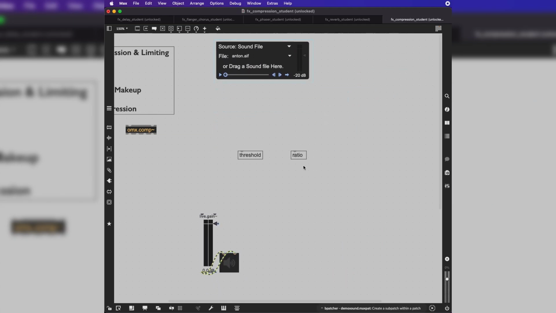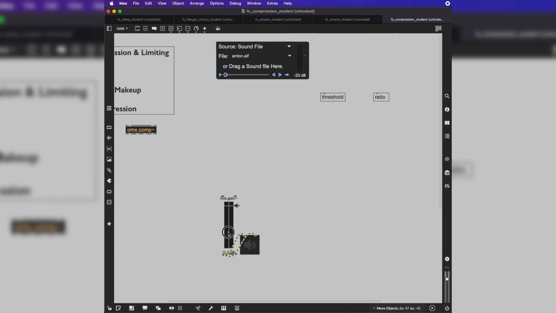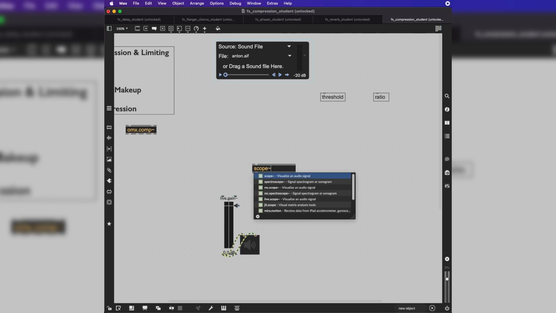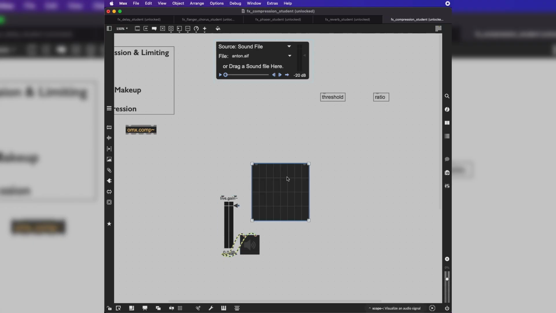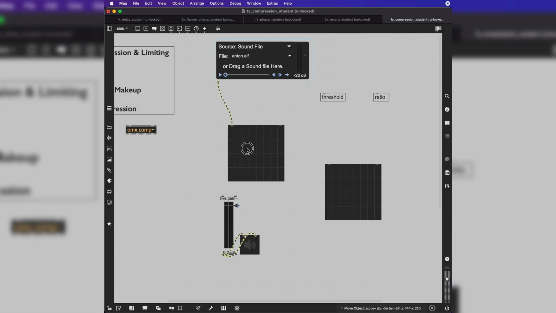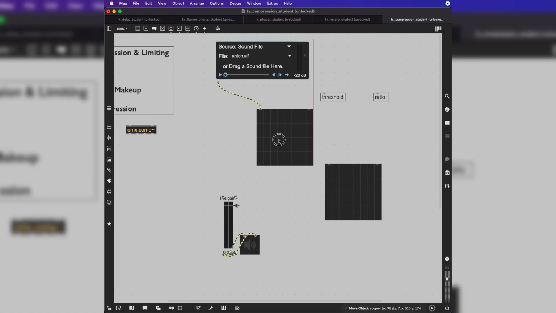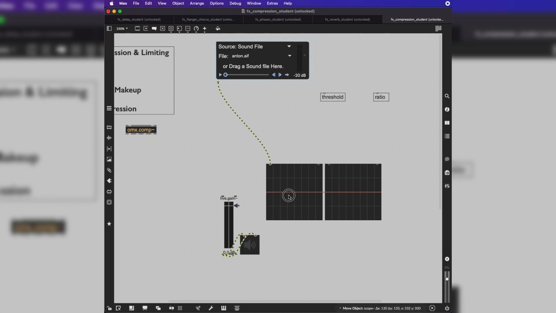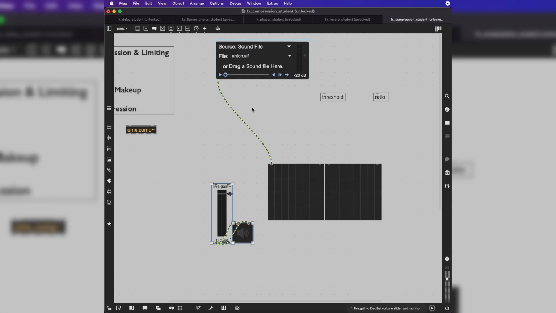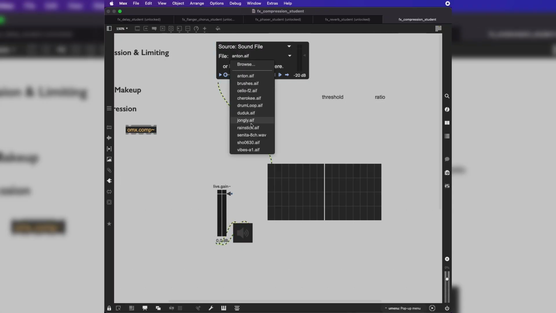And I'm going to use scope tilde to demonstrate the difference between compressed and not compressed. So let's just have two scope tildes, and we can attach it to one of them here. What compression does is that we're going to take a signal, maybe like jungly.